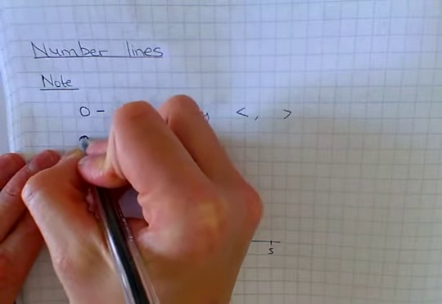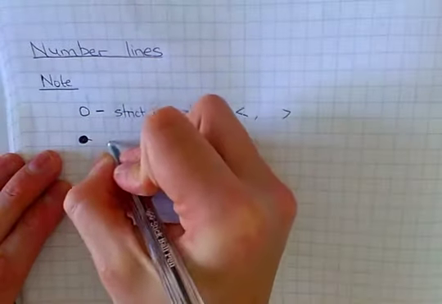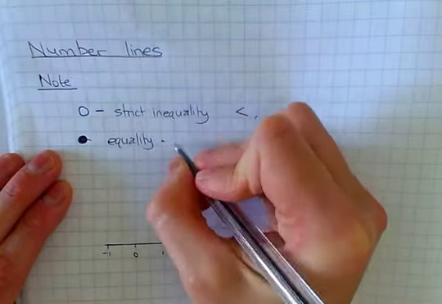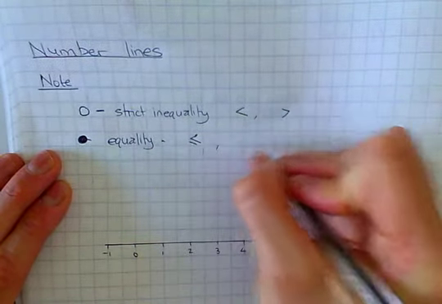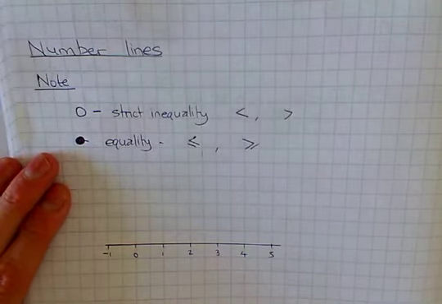If you've got a coloured in circle on your number line, that's your equality, so your less than or equal to, or your greater than or equal to sign.